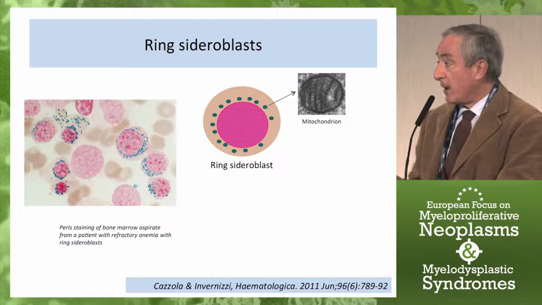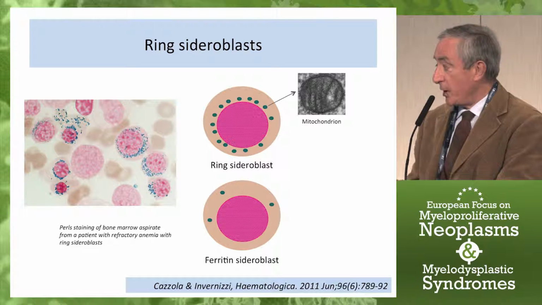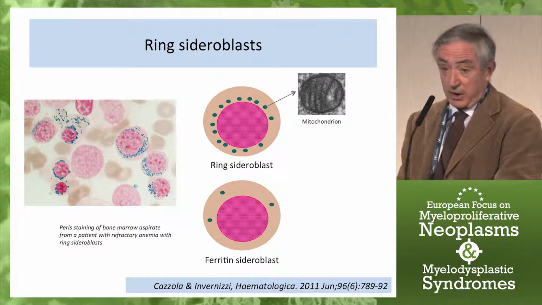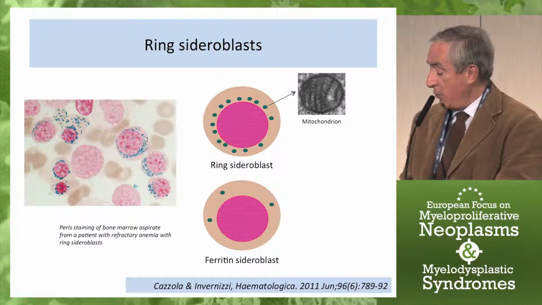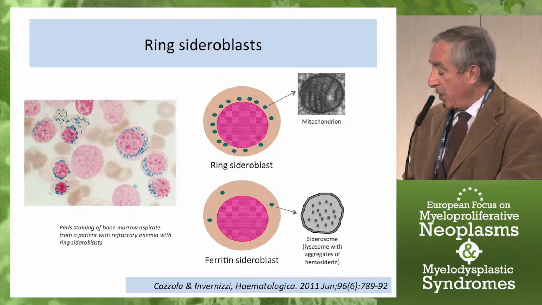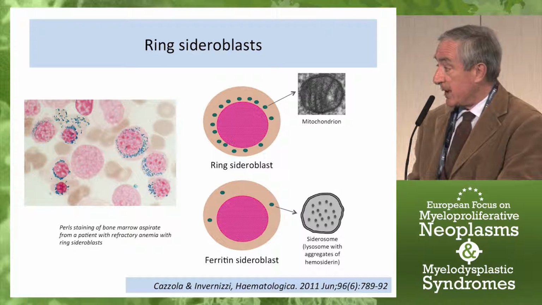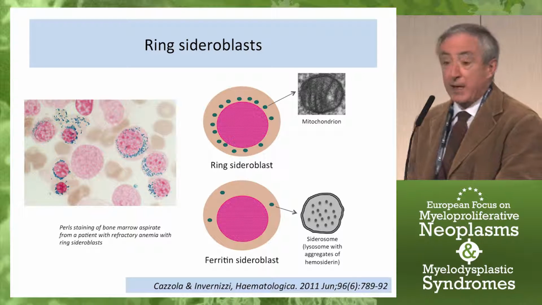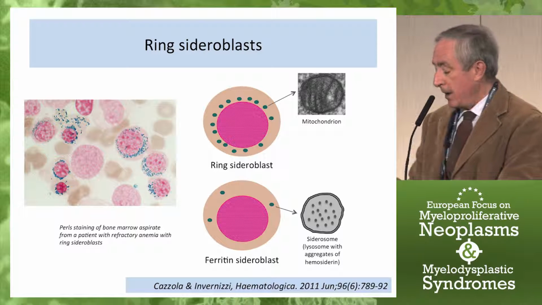The ring sideroblast must be distinguished from ferritin sideroblasts found in the normal bone marrow, in which the Perls-positive granules are just siderosomes, so lysosomes with aggregates of ferritin and hemosiderin.